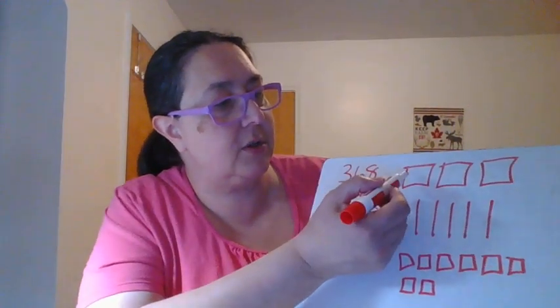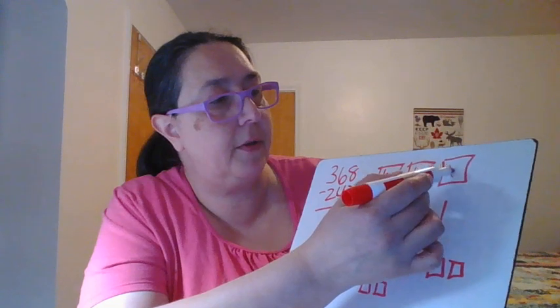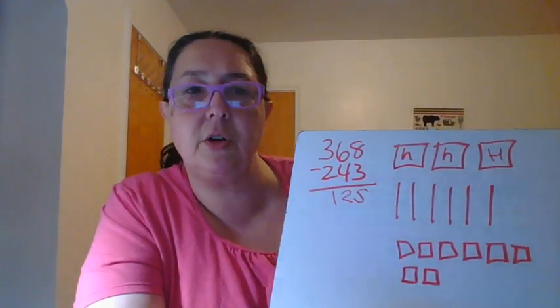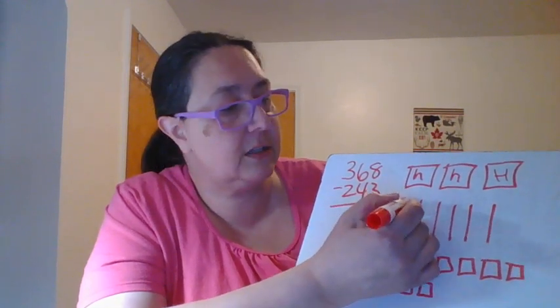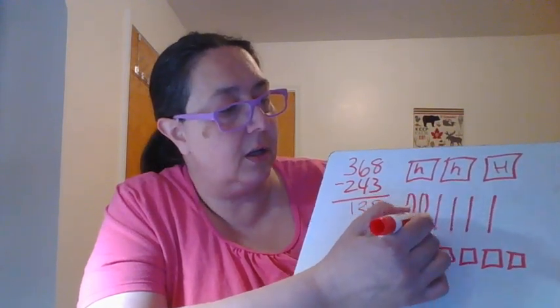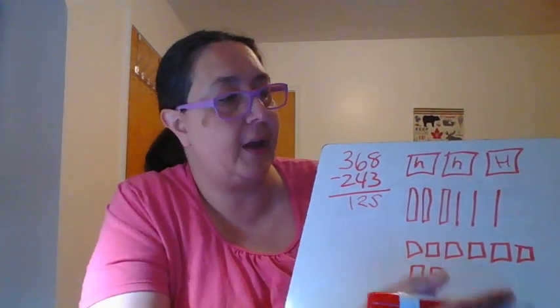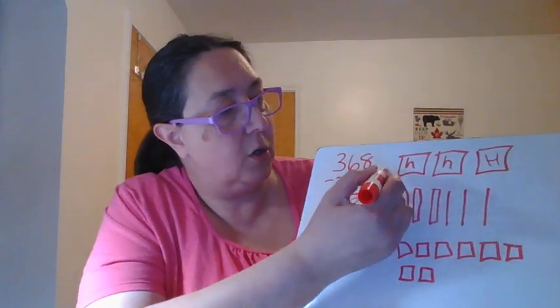Here are my hundreds. I could also put a capital H in these to show that those are my hundreds. If it's not clear on your picture, you can use long lines for the tens, or a long rectangle like this, whichever way you prefer. It's the same thing. So I have 3 hundreds, 6 tens, and 8 ones.